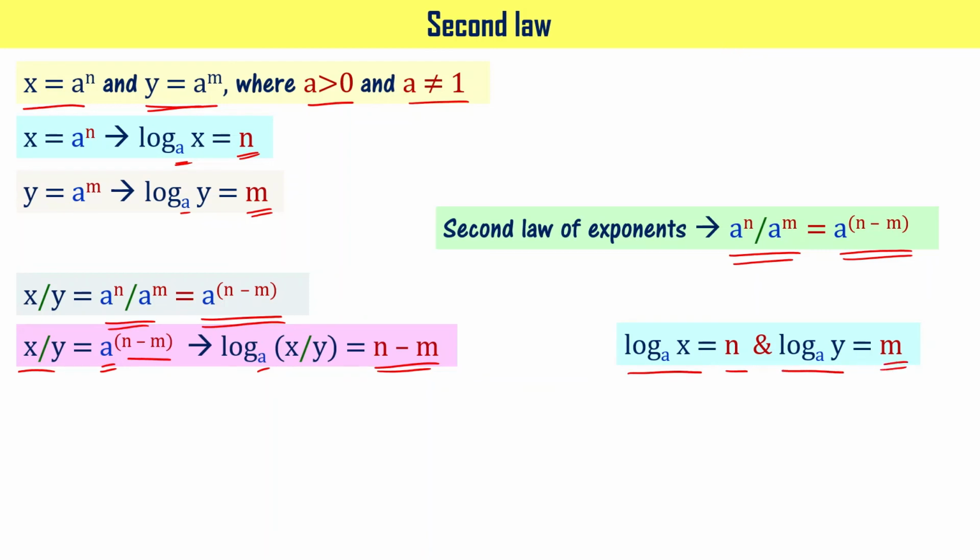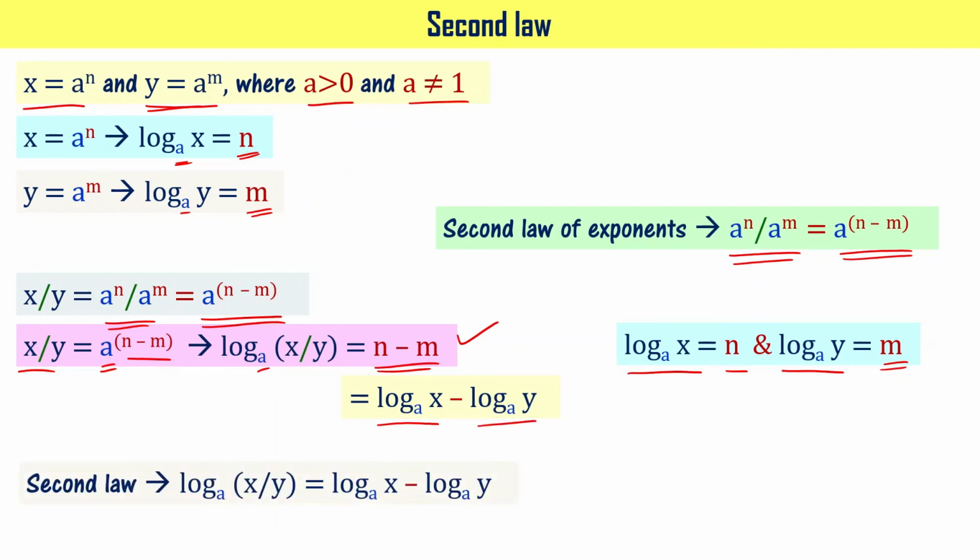Let's substitute these two into this equation such that it can be written as log of x to the base a minus log of y to the base a, right? The second law of logarithms is going to be log of x by y to the base a equal to log of x to the base a minus log of y to the base a. In simple form, you say that log x by y equal to log x minus log y.